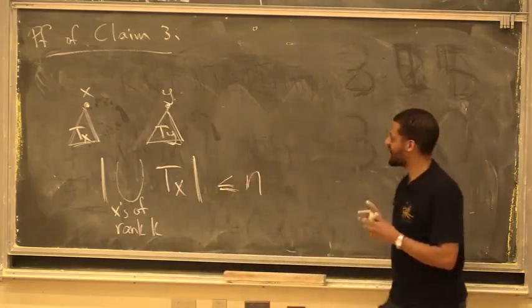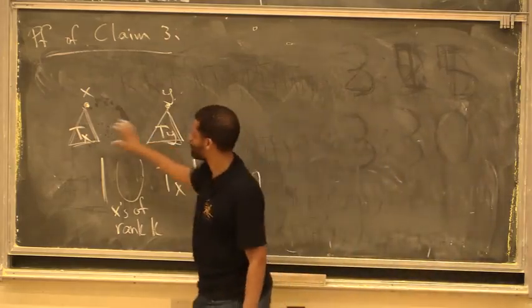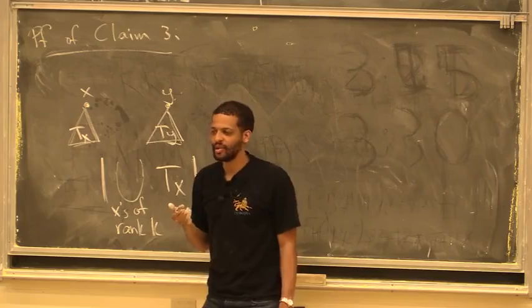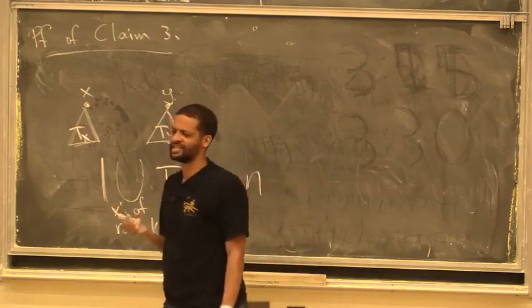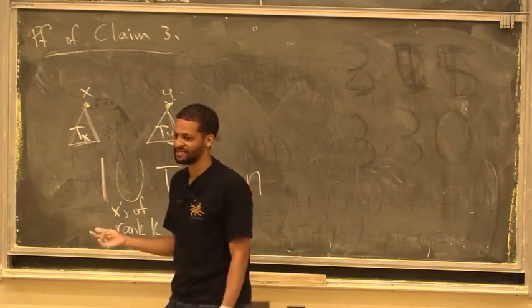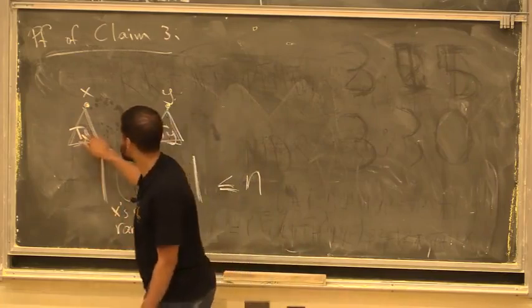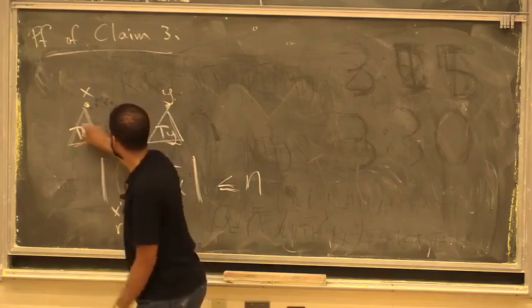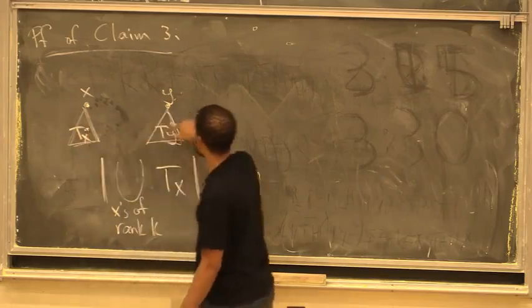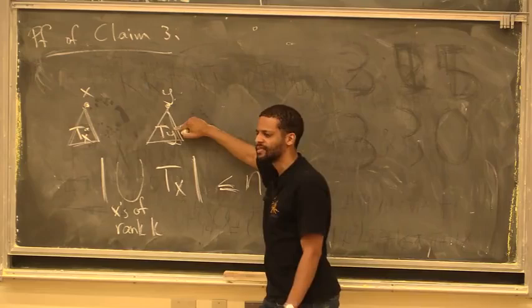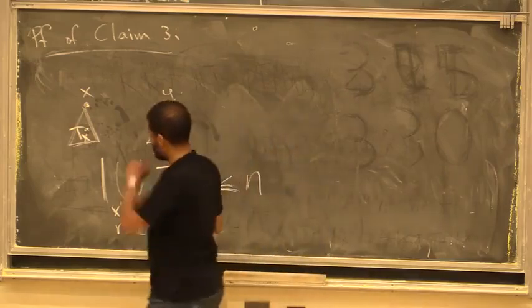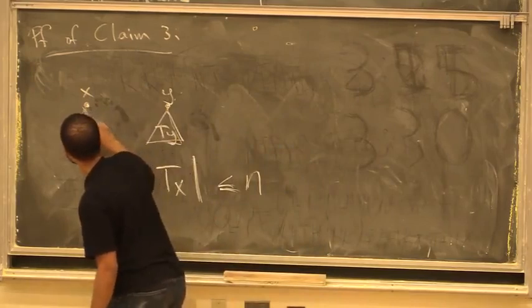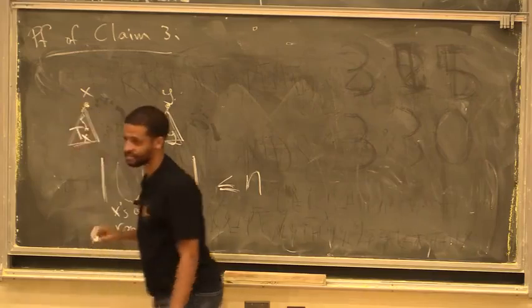But I claim that if you look at these trees defined at those points in time, these trees are disjoint. Why? Well, to say they're not disjoint means that there's at least one element that's in both trees. So let's look at an element in this tree. Remember, X became rank k first. Let's look at an element in this tree. Can it be the case that this element is also in this tree? Well, remember now, there's some path here up to the root.